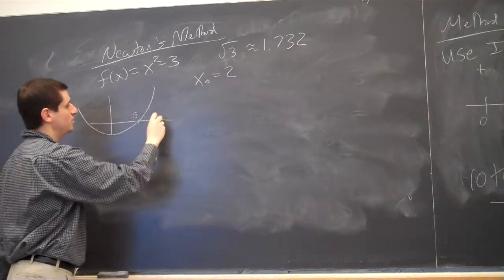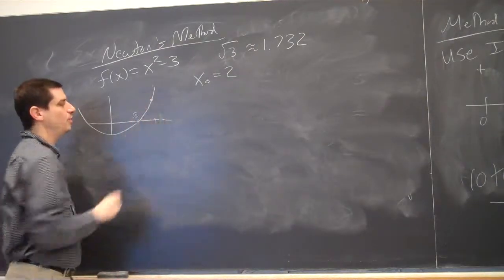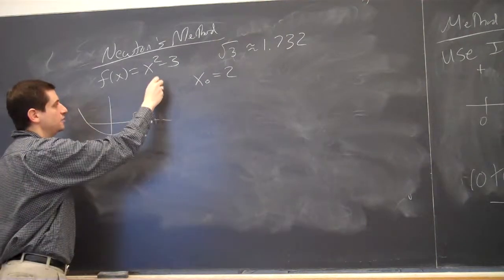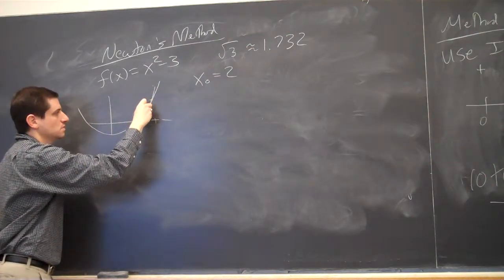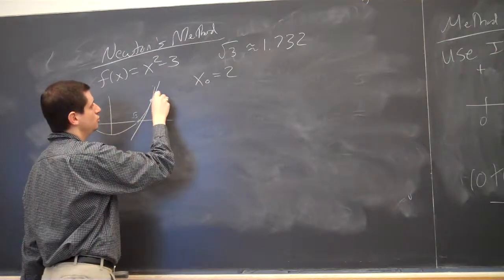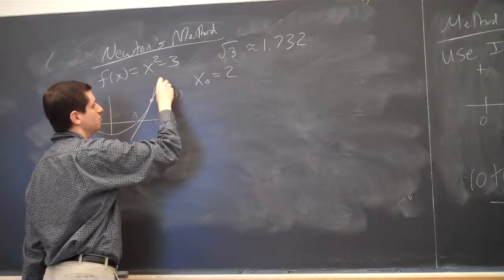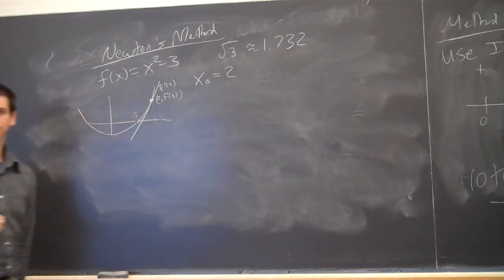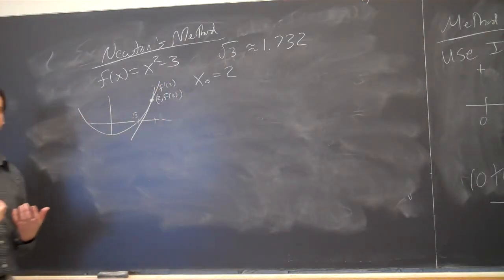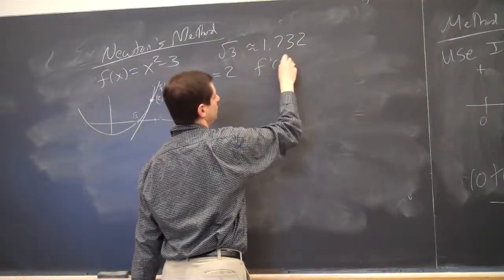So here's how Newton's method works. I come to the point 2, and I draw the tangent line at 2. So I've got the point 2, f of 2, and the slope is f prime of 2. This is a great way to review tangent lines. So what's f prime of x?